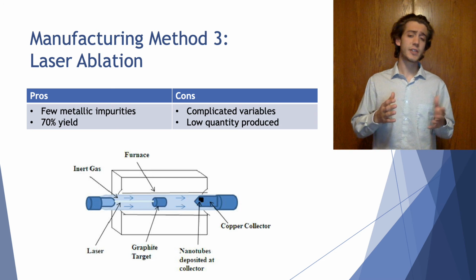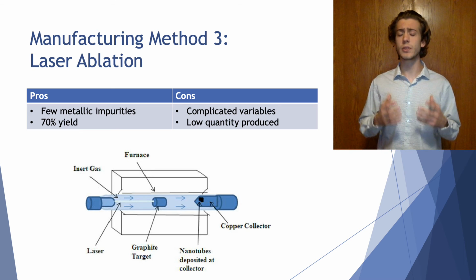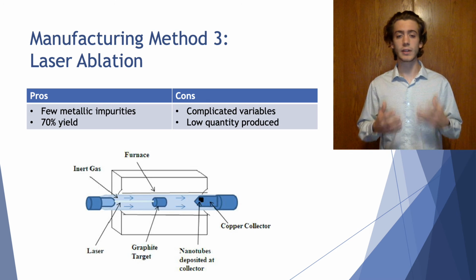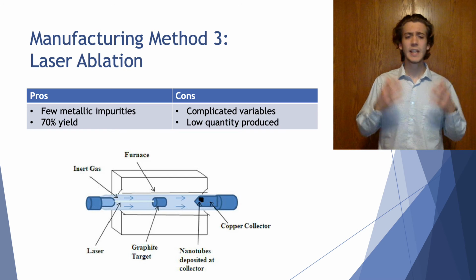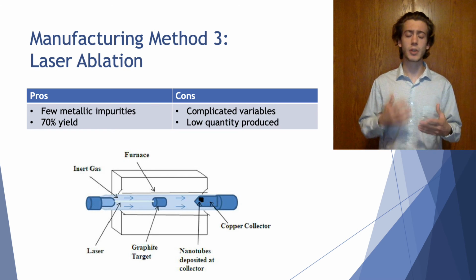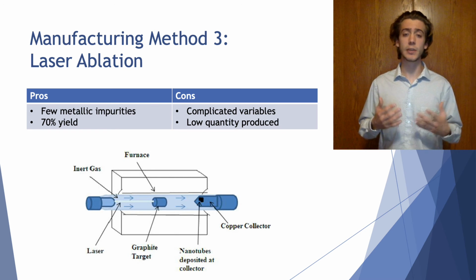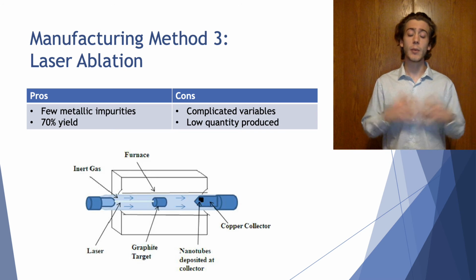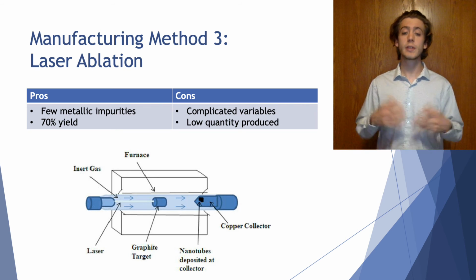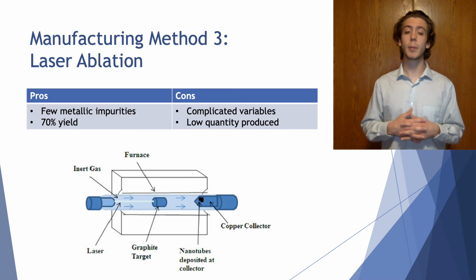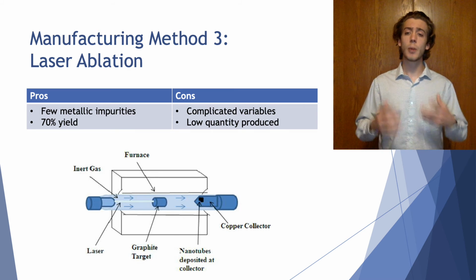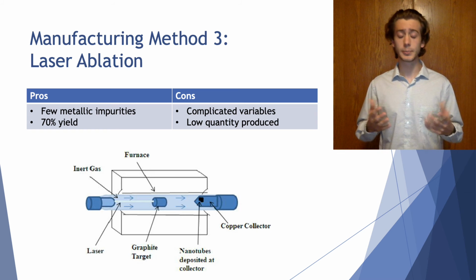Now this laser actually has a lot of variables involved in it, like how powerful it is, what wavelength laser we're shooting, how far away it is, and what angle it's coming in at. While I don't have the time to go into each of these variables and explain what each of them does, I recommend looking at the peer-reviewed book, Synthesis and Applications of Carbon Nanotubes and Their Composites by Professor Veena Shidari to help understand how that might work.